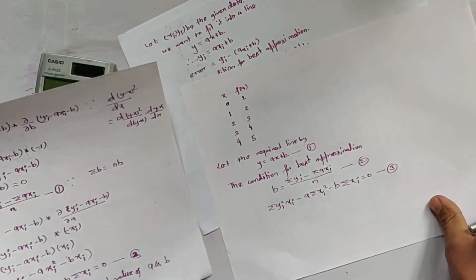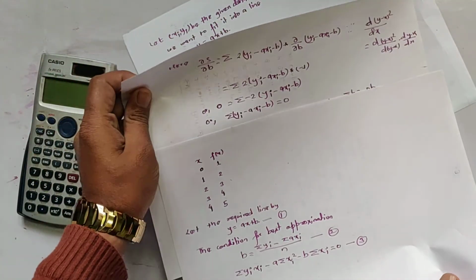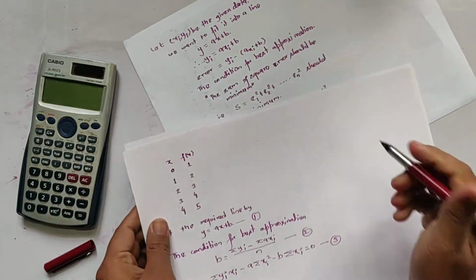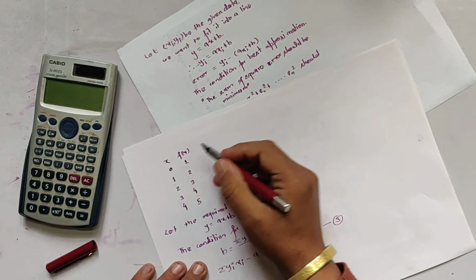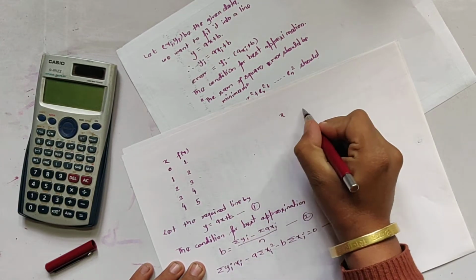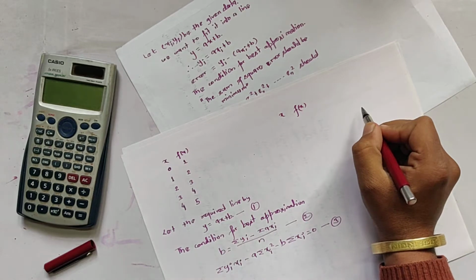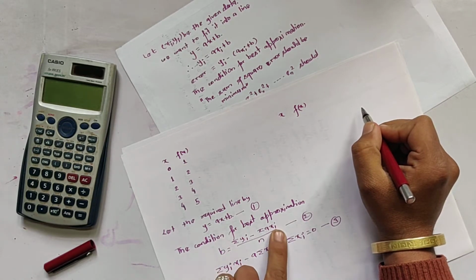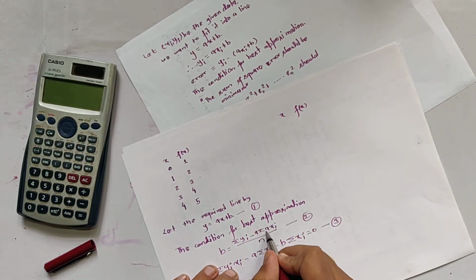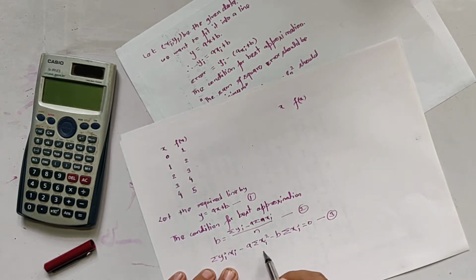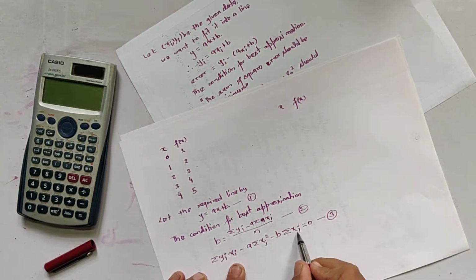Okay, now let us solve this. I will be writing here the value of x, the value of fx, and we need summation yi, summation axi, summation xi square, summation yi xi, and summation xi.